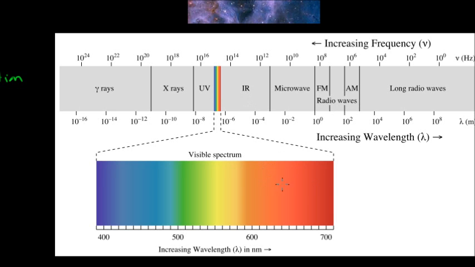If we increase the wavelength and decrease the frequency, we'll eventually get into infrared radiation, the radiation that's given off by hot objects. We can have microwave radiation, the kind of energy that we use to heat up food in microwaves, radio waves, which we can pick up by antennas in our cars, and longer and longer radio waves.